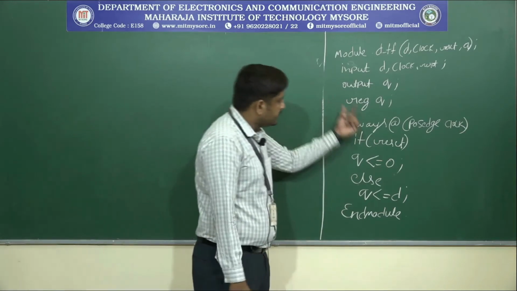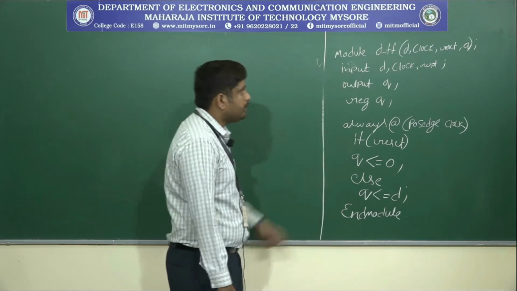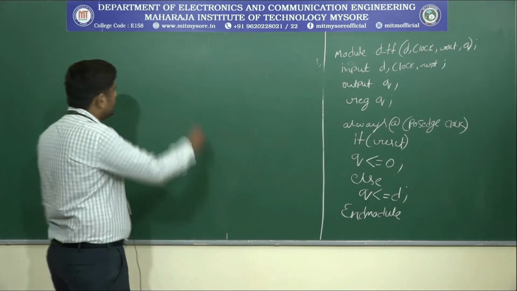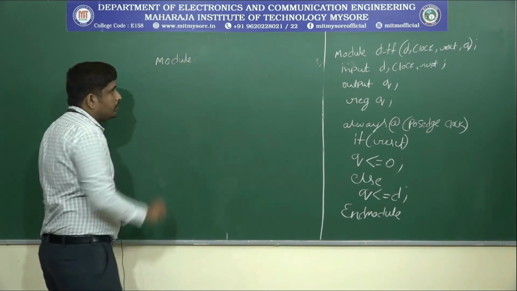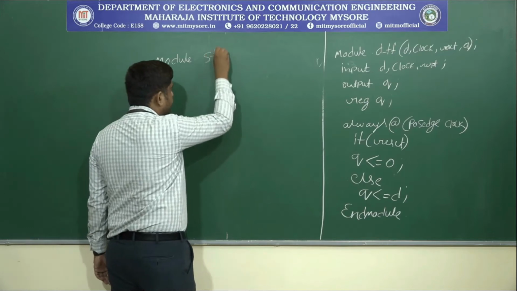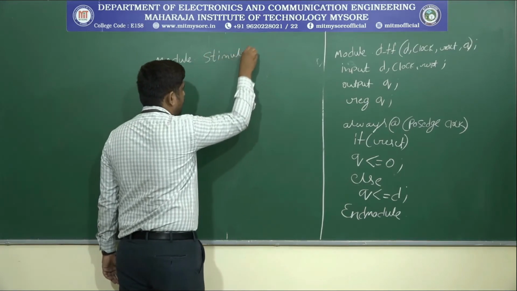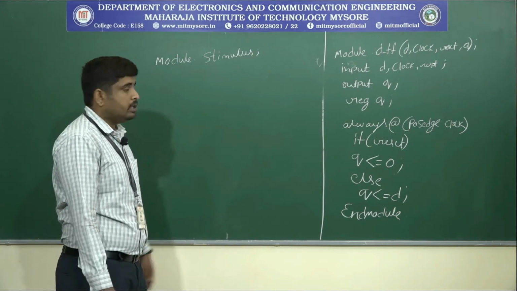Once the design block is completed, we have to test the code. That can be done by a stimulus block. The stimulus block always starts with a module. For the name you can write any name, so you simply write stimulus here. Stimulus is the name of the module for the test bench or stimulus block.